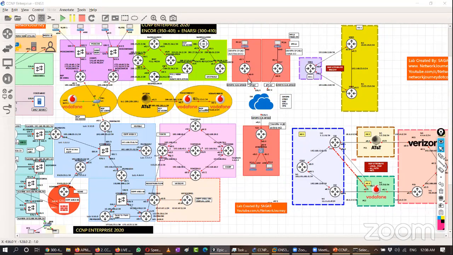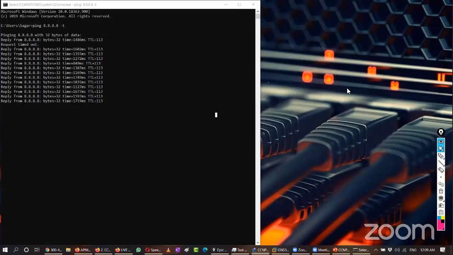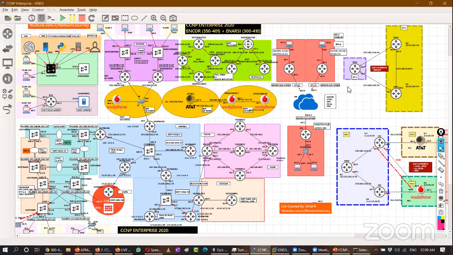Maybe I take one lab in the next class where I show you the packet flow on Wireshark. I show what parameters we see in the case of adjacency. Okay, there are many more concepts.